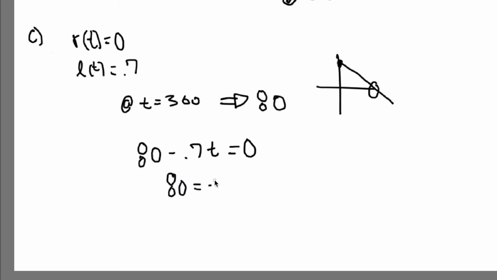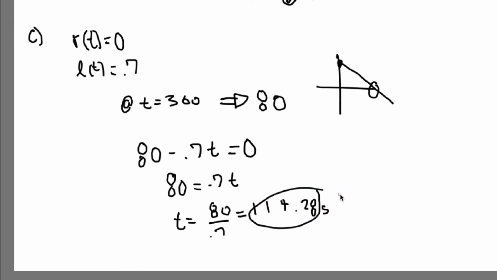80 equals 0.7 t, so t equals 80 over 0.7, which equals, let me calculate that right now, 80 divided by 0.7, which equals 114.28 seconds. So 114.28 seconds after t equals 300, we have 0 people.